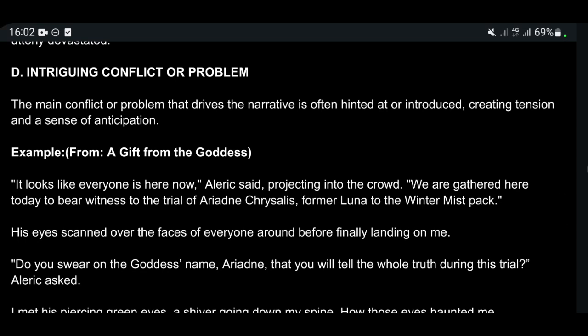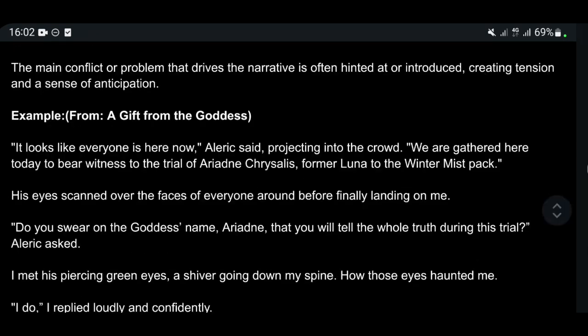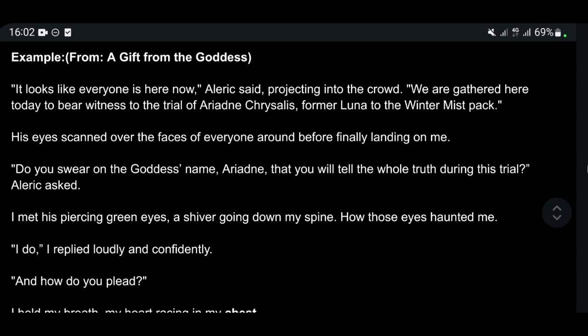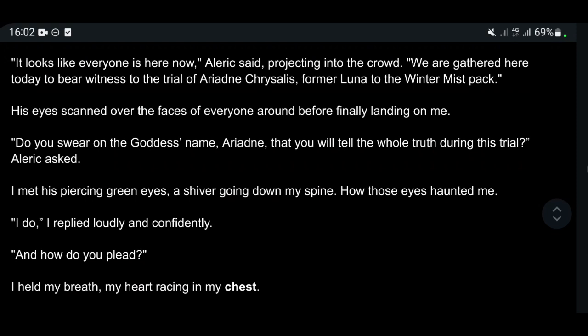Okay, it looks like everyone is here now, Arik said, projecting into the crowd. We are gathered here today to bear witness to the trial of Ariden Chesseles, former Luna to the Winter Moon Pack. His eyes scanned over the faces of everyone around before finally landing on me.